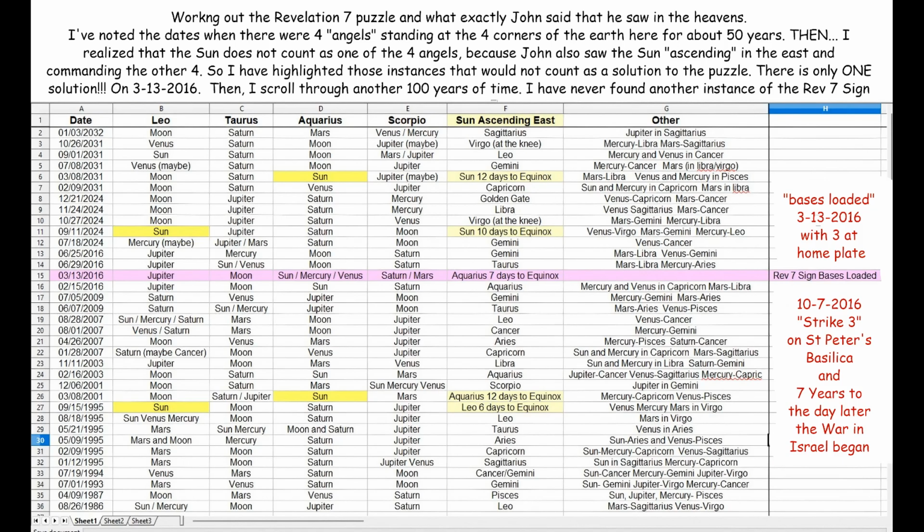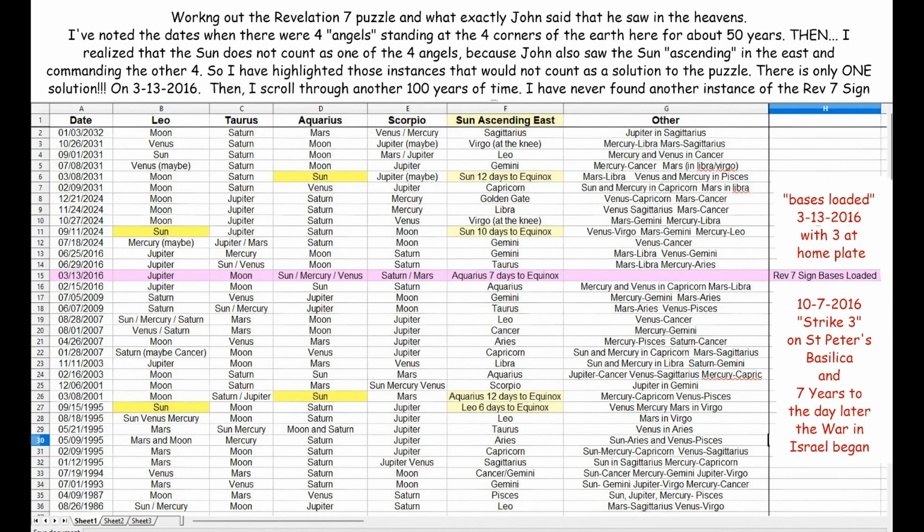Do you see the column on the right that says Other? That was so I could note where all the other planets were on all those dates, when I even came close to finding all 4 bases occupied.